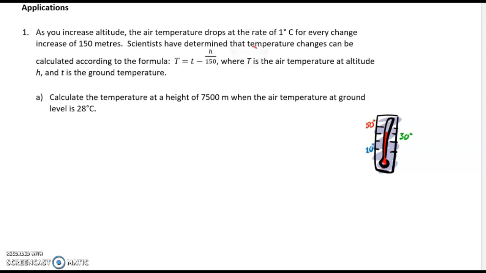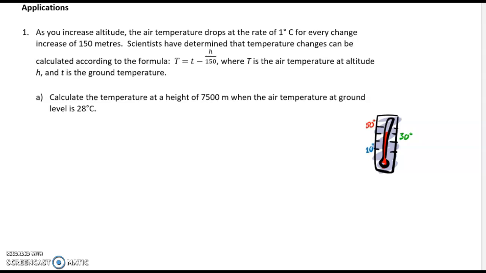So this is the key part. Capital T is the air temperature at an altitude, so that's up in the sky where the clouds are. Altitude is h, so that's how high we are. And little t is the ground temperature.